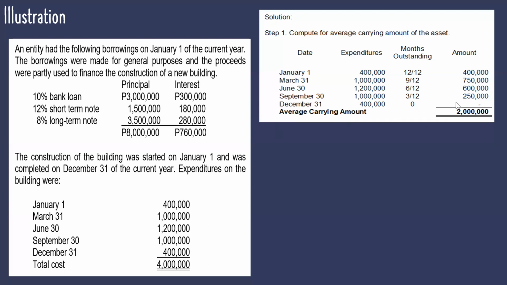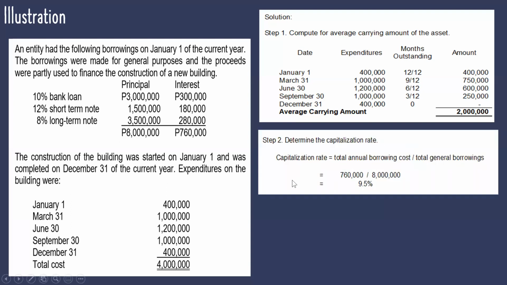This is the first element in our formula: average carrying amount of the asset times capitalization rate. Second, we have to determine the capitalization rate.